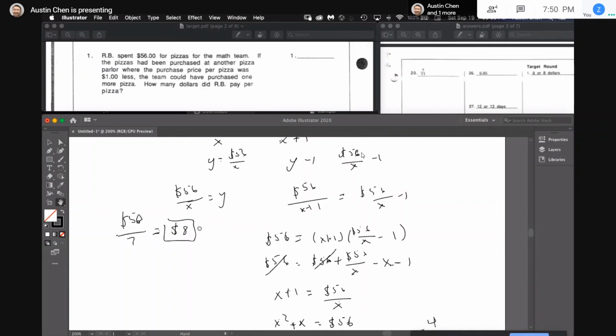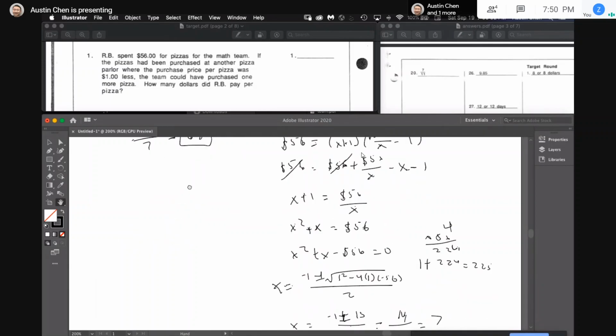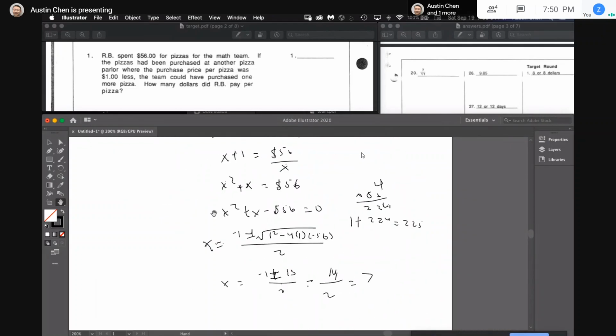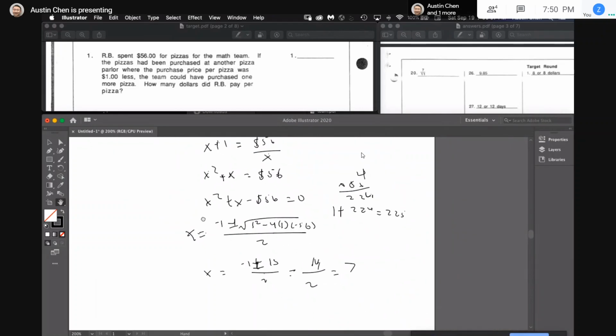Okay, so first of all, if we go back and look at the quadratic, you could have just factored that quadratic into x plus 8 and x minus 7.